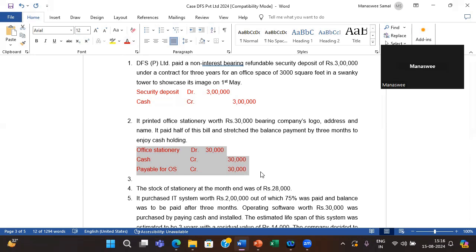He said, Professor, they asked me one journal entry, and I had a sort of tussle on that because the interviewer wanted to bias me. He said, "Are you sure this is the entry?" I said, "Yes." He said, "No, no, it can't be this way." Then he insisted that this is the journal entry for this transaction.